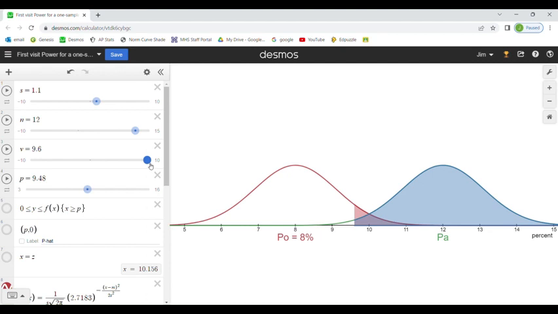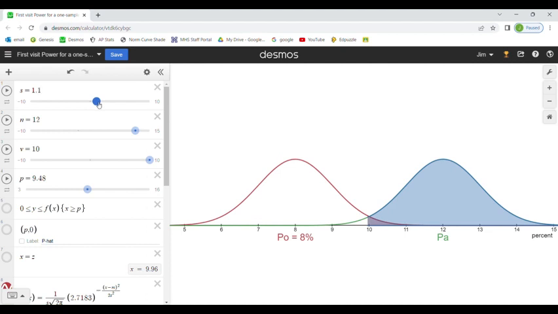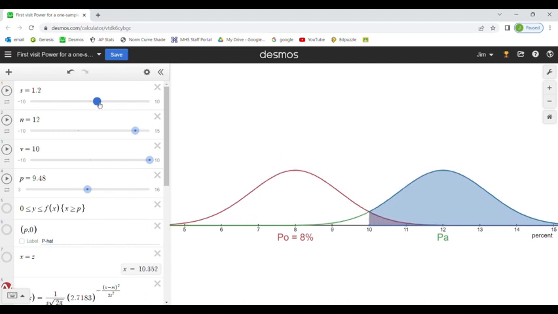So there are three things that are going to increase the power. Increasing the alpha level increases that blue shaded region. Increasing the sample size increases that blue shaded region, because when we increase the sample size, we are decreasing the spread of the sampling distribution.